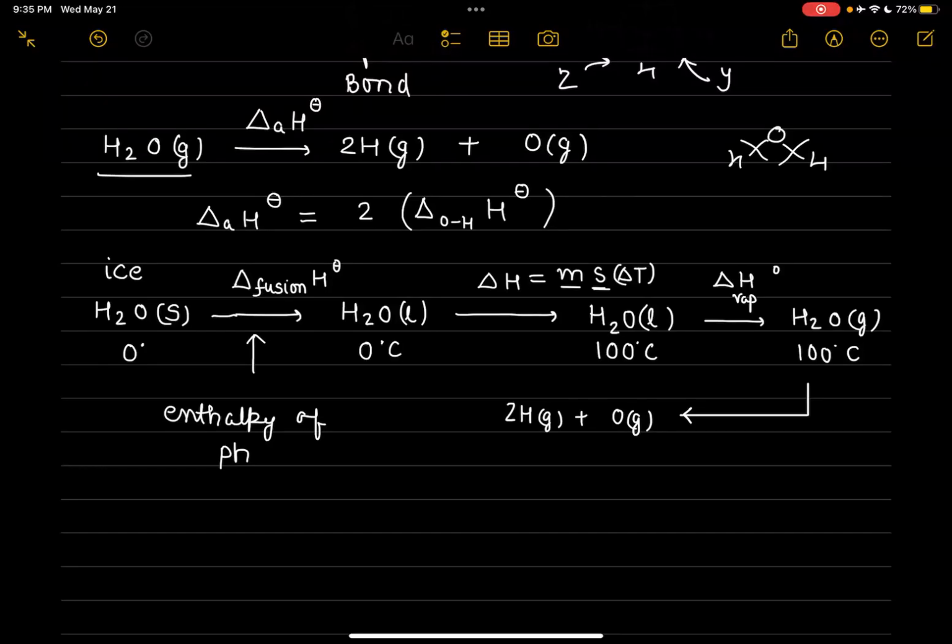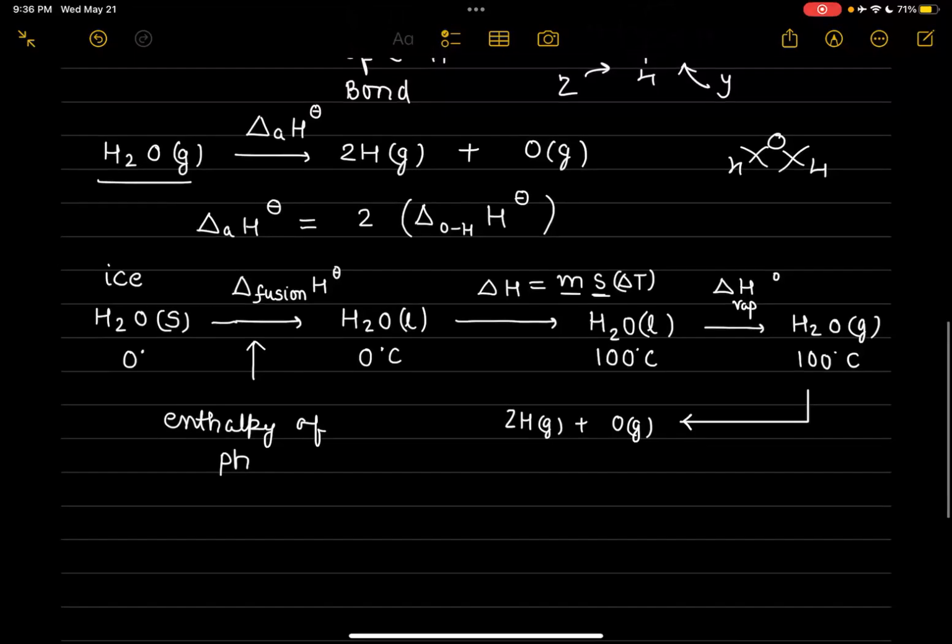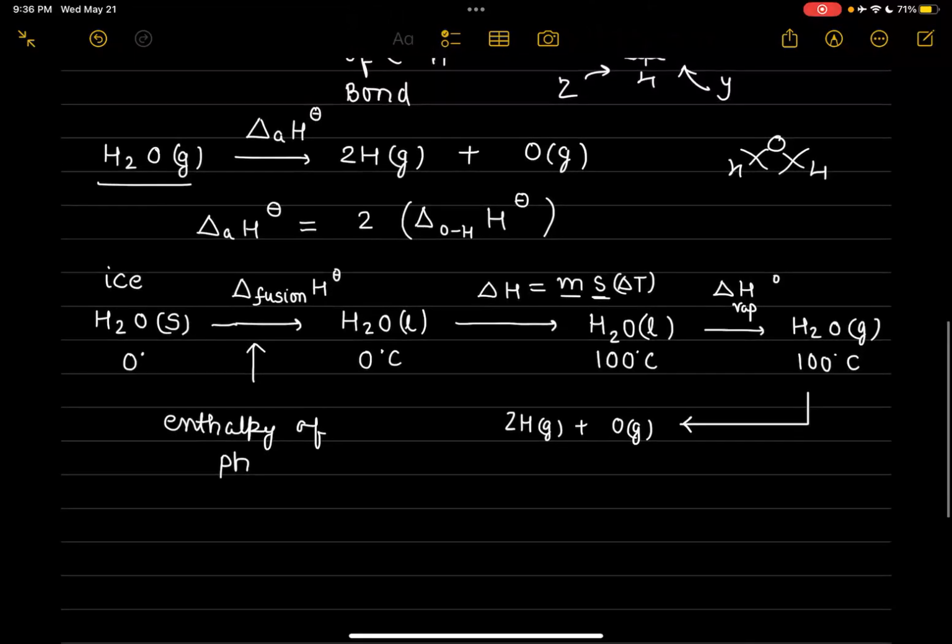Got it? Is it clear or not? Specific heat is for 1 gram. For 1 degree, how much heat do you need? Accordingly, you will multiply by the amount of water and the change in temperature. You will get the total.